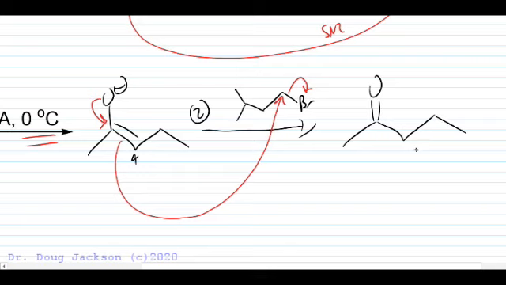And now we've attached this group, 1, 2, 3, 4, 5 carbons, to the more substituted position of the ketone and the other alpha position. So there's the alpha carbon, there's the alpha carbon again here.